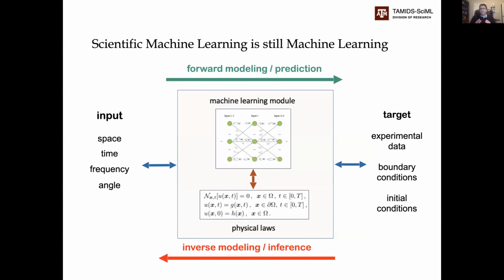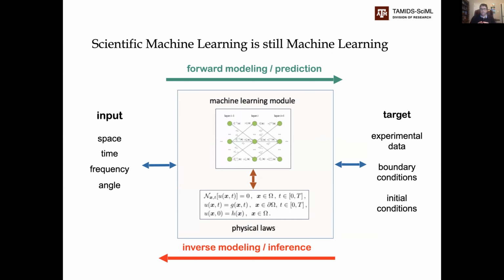So basically, scientific machine learning is still machine learning. It's not something different. You still have an input and an output, a target that you're trying to predict. So you train your algorithm to learn this input-output map.